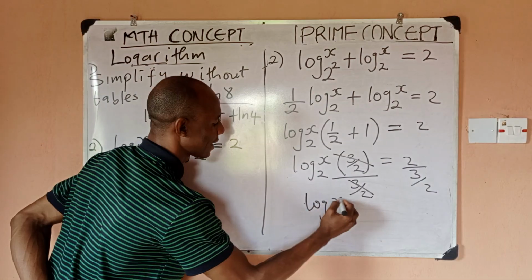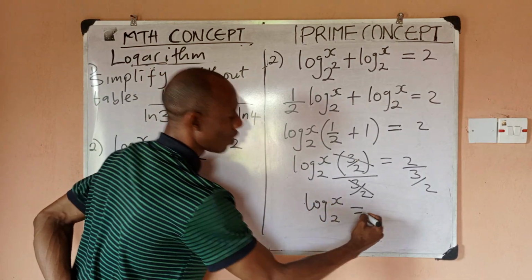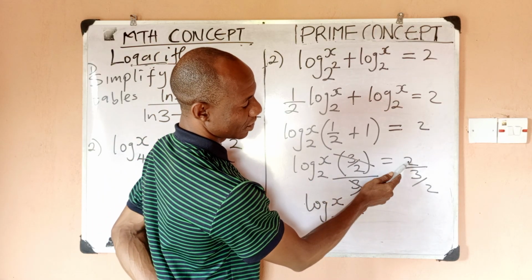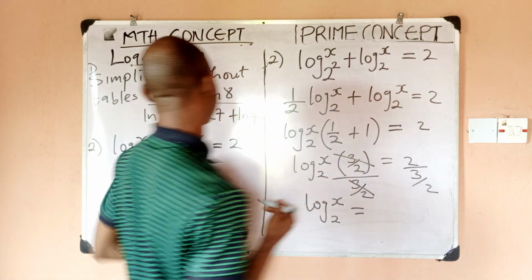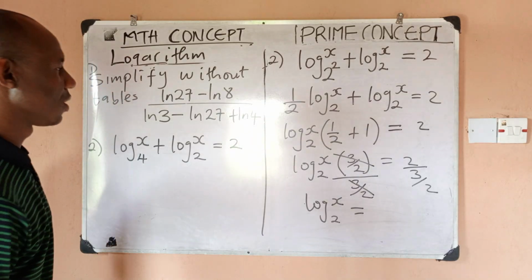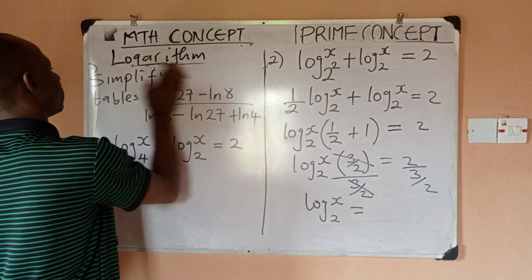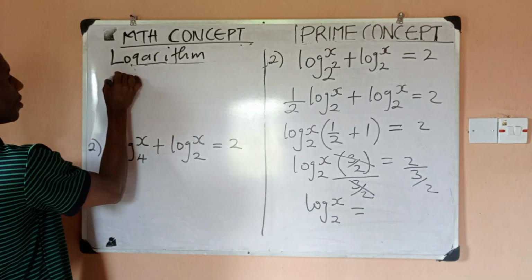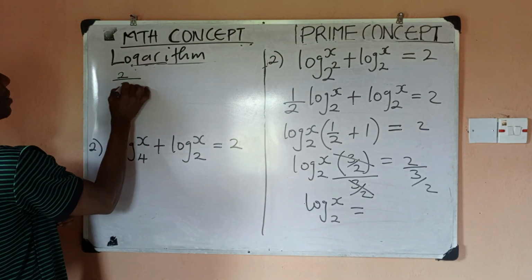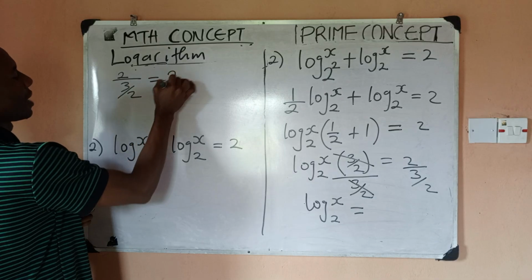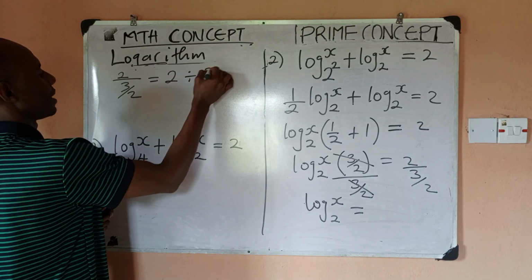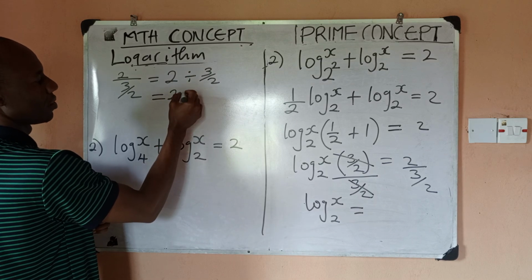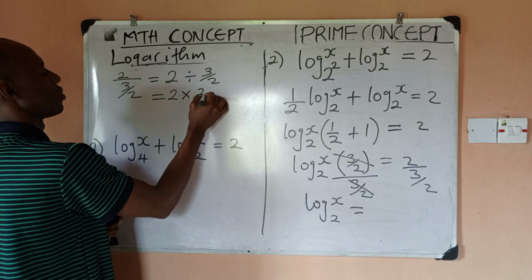And I'll be left with log x base 2 equals, now quickly, what will happen when you have this kind of scenario? This is 2 divided by 3 over 2. When you have that kind of scenario, let me work that math for you, so that I won't confuse anybody. When you have 2 divided by 3 over 2, remember, you change division to multiplication, so times 2 over 3.